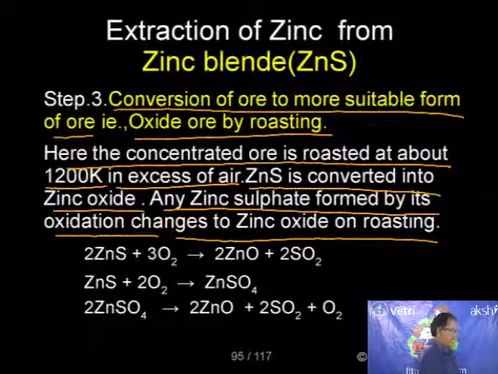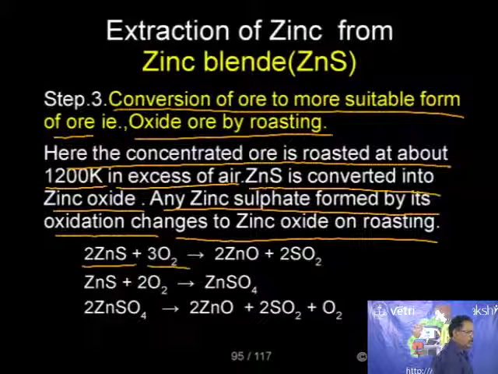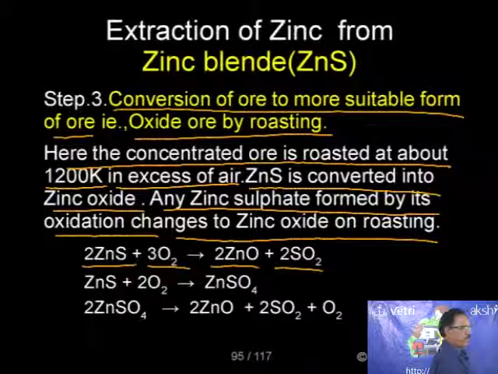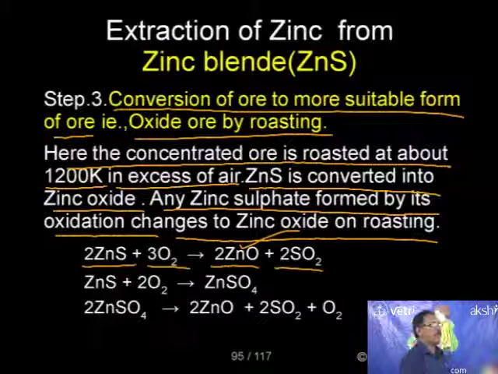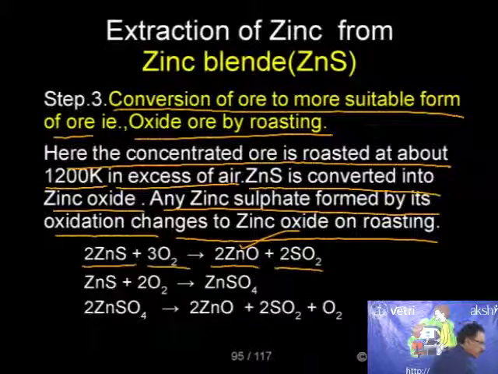Let me explain the reaction. 2 moles of zinc sulfide react with 3 moles of O2 to produce 2 moles of zinc oxide and 2 moles of sulfur dioxide. So, the zinc sulfide is getting converted into zinc oxide by roasting with oxygen. Then what will happen now?